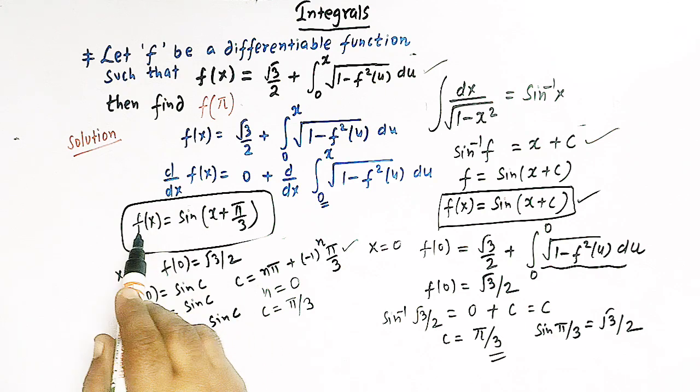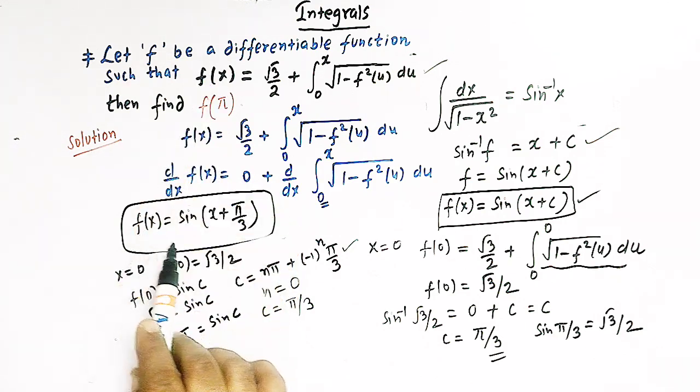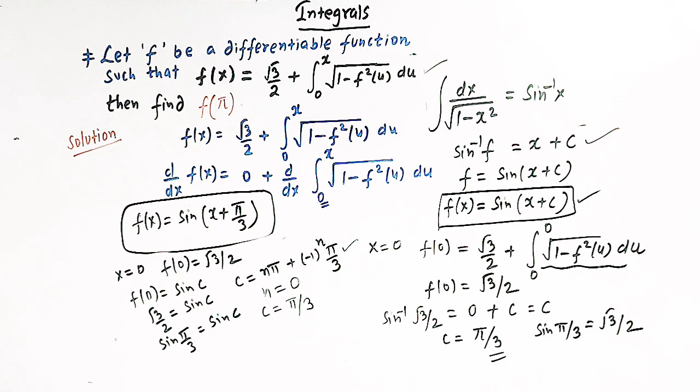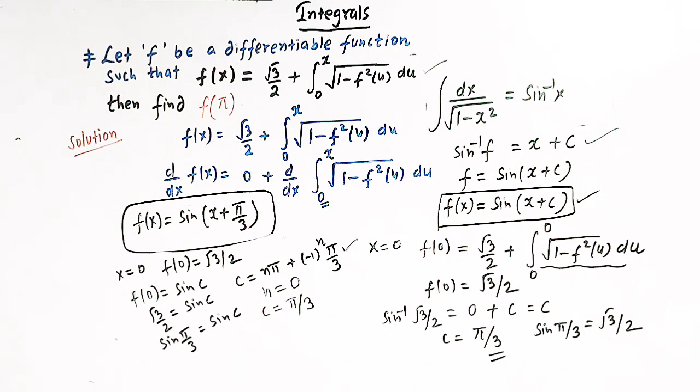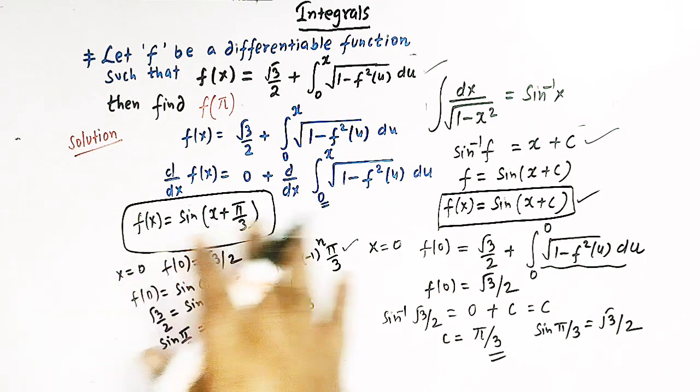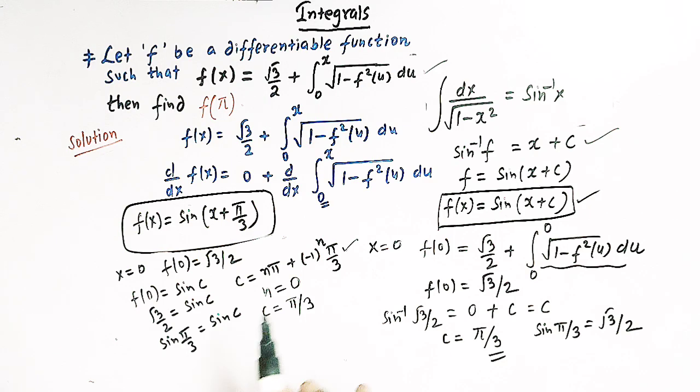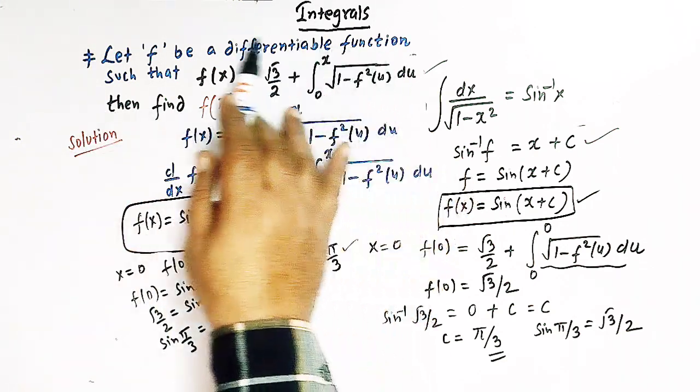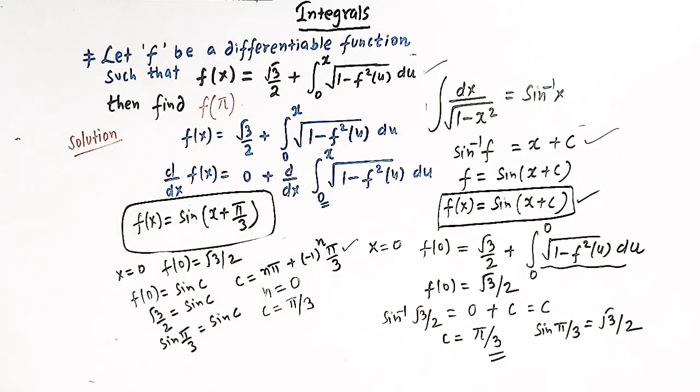And in that case, the form of the function f of x is given by sine of x plus pi by 3. So, to summarize this discussion, we can easily conclude that as per the requirement of the given problem, we can use the different values of c from this general solution.